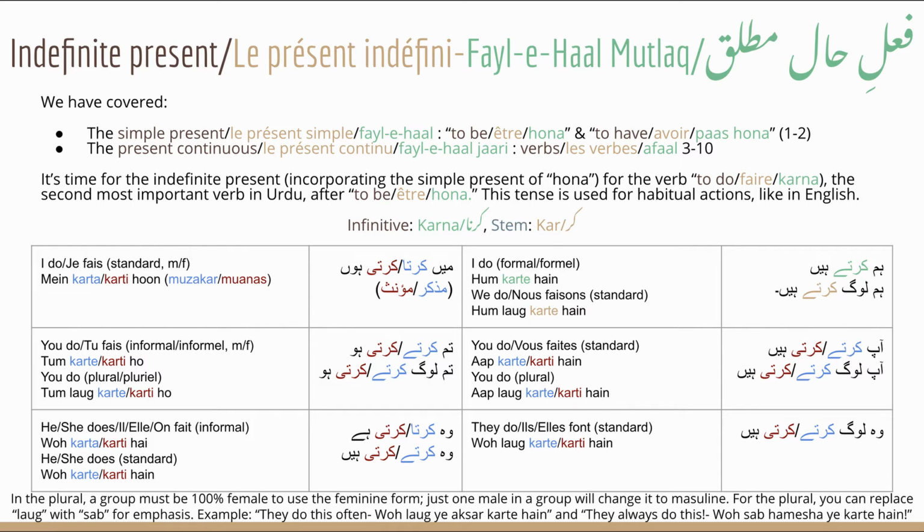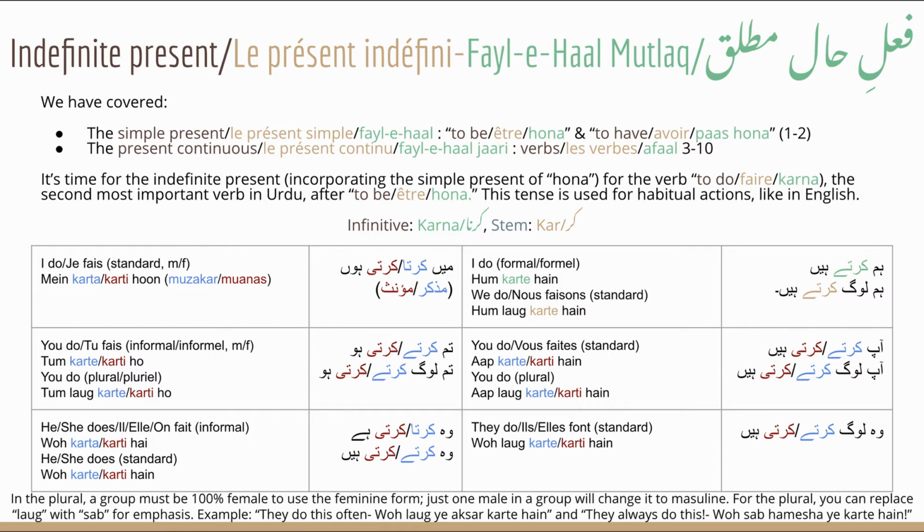So हम लोग करते हैं. You do standard. आप करते हैं, आप करती हैं, and plural, आप लोग करते हैं, आप लोग करती हैं. They do. वो लोग करते हैं, वो लोग करती हैं.